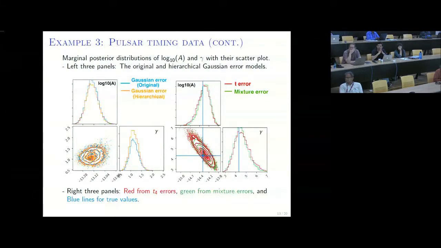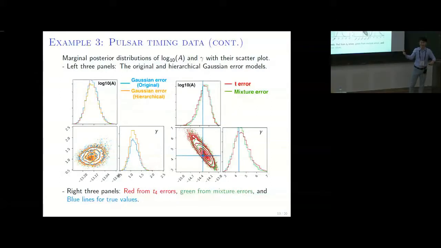Question? You have a situation where some of the outliers are actually better estimated. Is there a way to account for that in this model? This model does not account for that automatically.